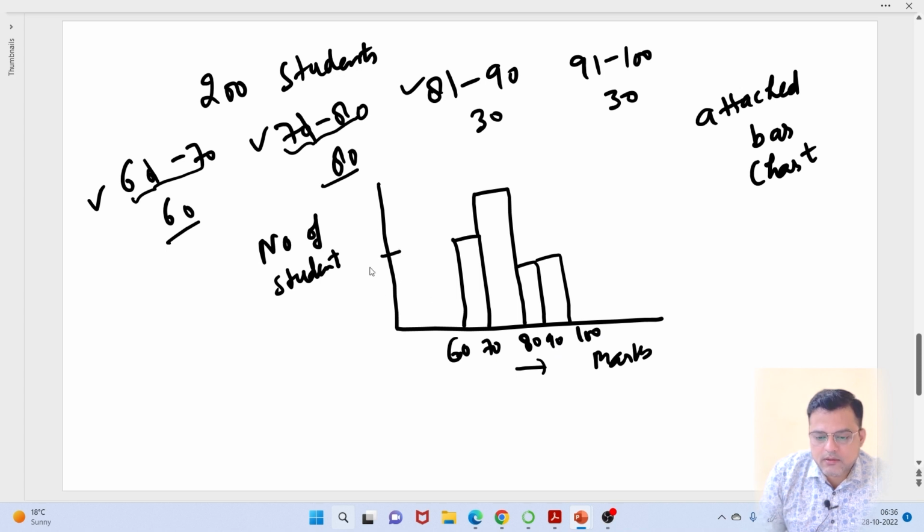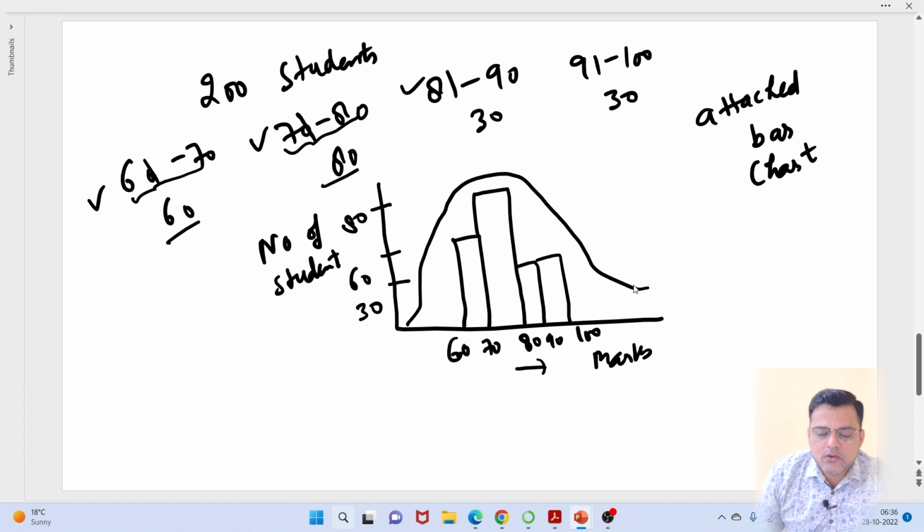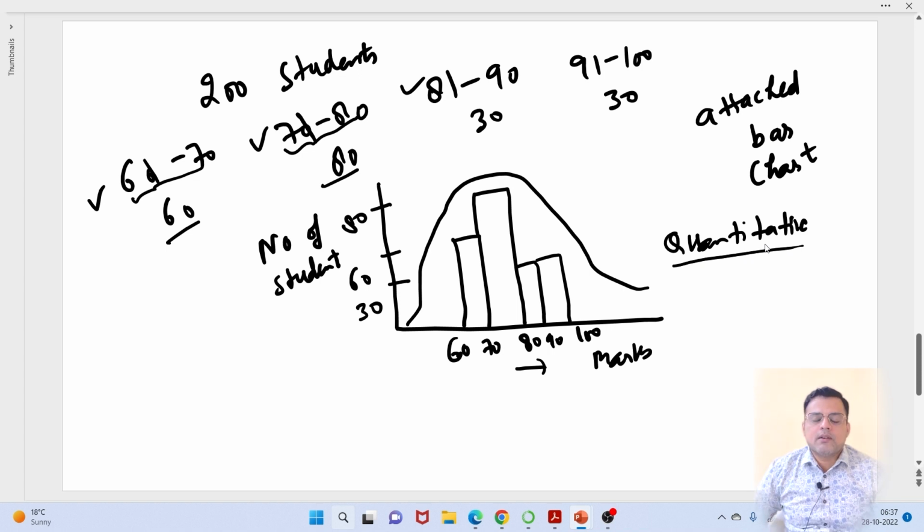This is 60, 80, and then you have over here 30. This is a rough scale. So here you can see the distribution of the data is like this. Your data should always be normally distributed when we are talking about quantitative data. So histogram is a very important chart which we actually use in our projects.